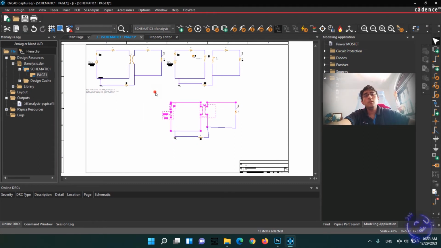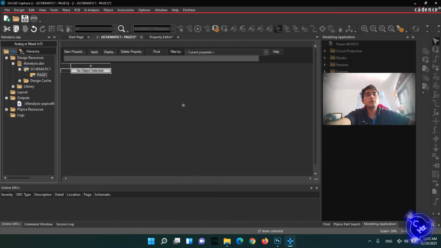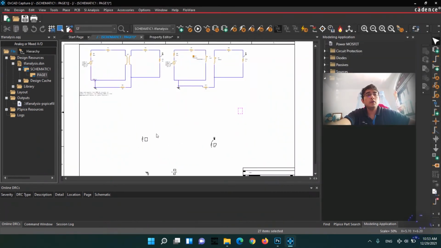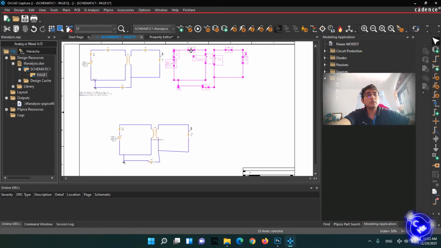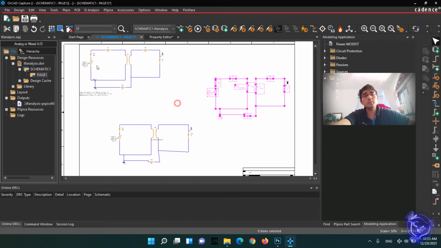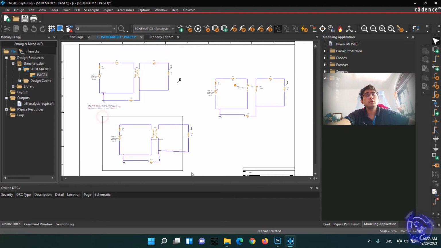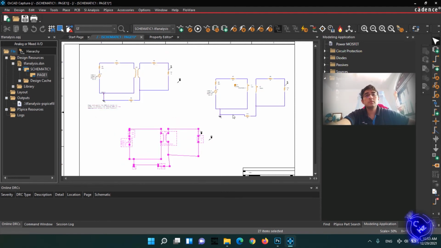Yeah, all three are perfectly identical. That means these three are identical circuits. These are three separate approaches that I can use in PSPICE in order to build a model for a transformer, right? There may be many ways to explain a transformer.